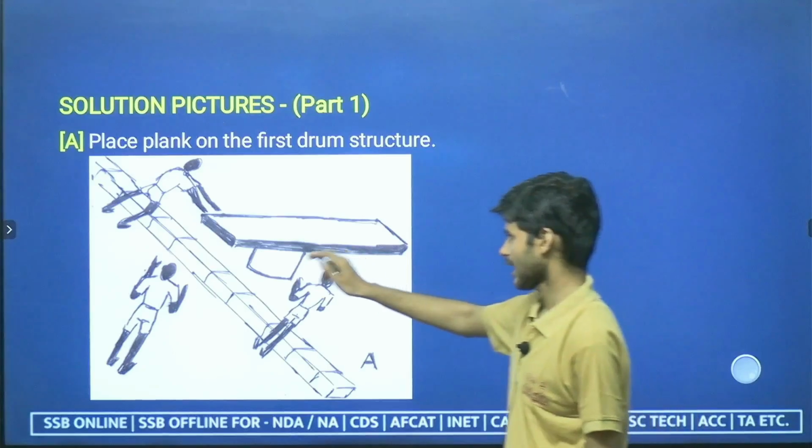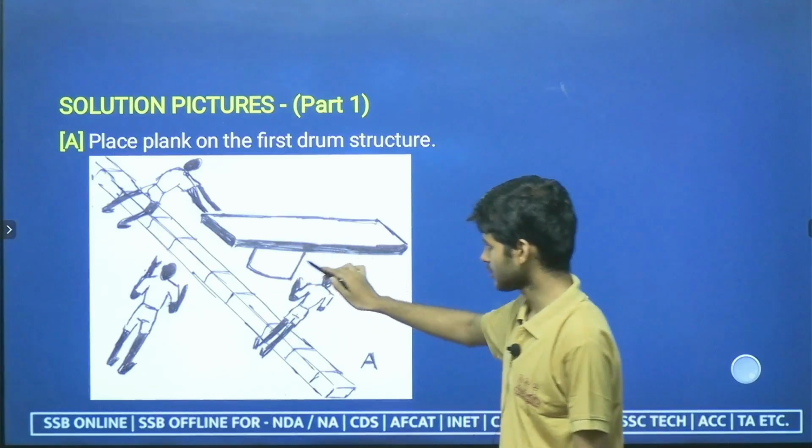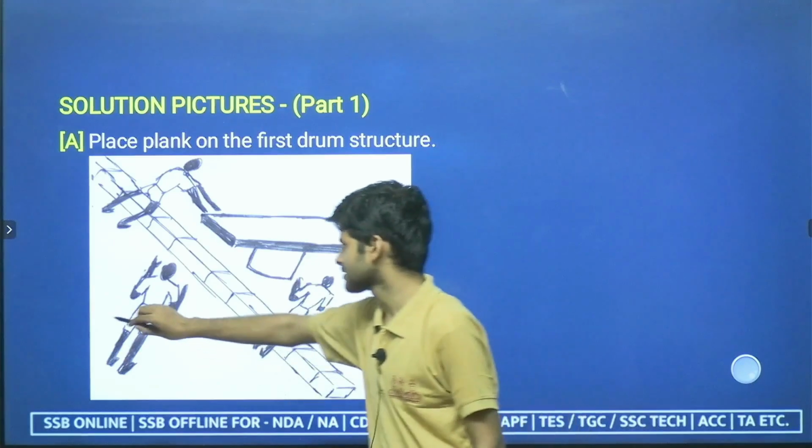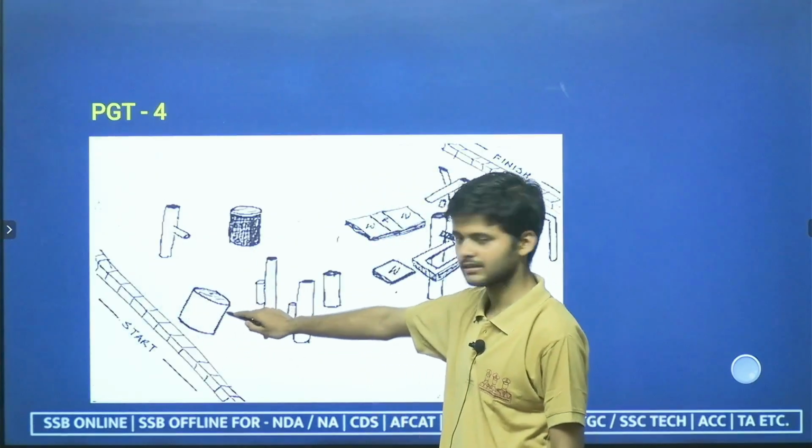So the candidates have first placed a wooden plank on the drum-like structure, which is visible here.